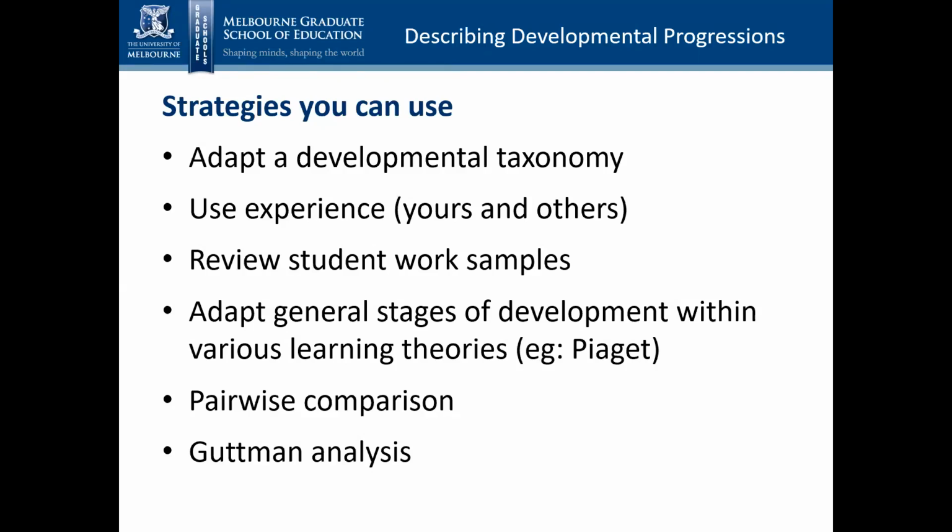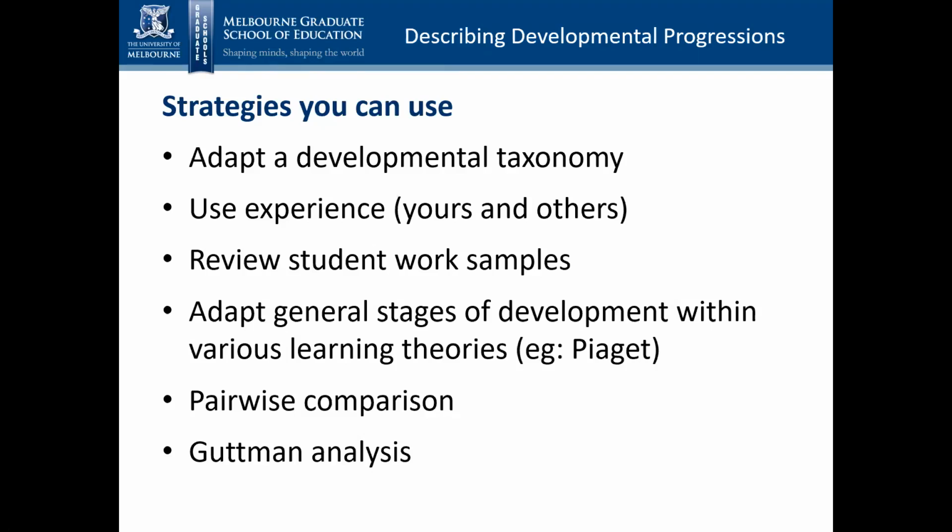It might be that you've conducted an assessment, collected a whole lot of different data about what students got right and didn't get right, what they can do and they can't do. And then the Guttman analysis takes that data and produces the order for you in the same way as the pairwise comparison produced an order through judgment, and the review of student work samples produced an order by judgment at a very broad level.